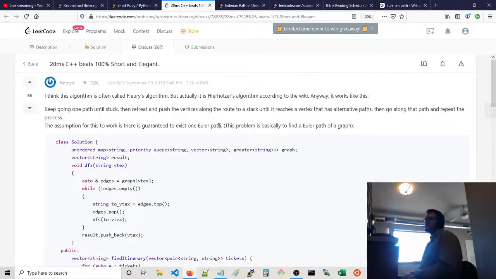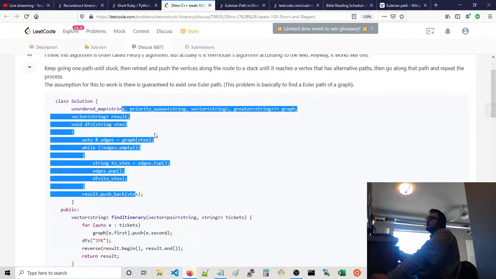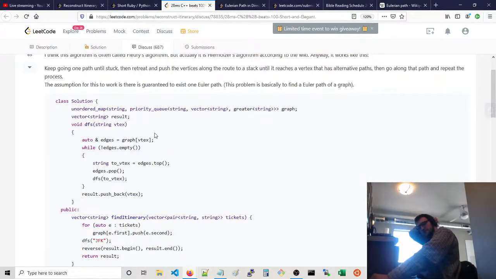They basically mirror each other. That guarantees a path, if everything else has equal in and out degree. And not to mention, we're not really considering vertices that don't have any edges at all.